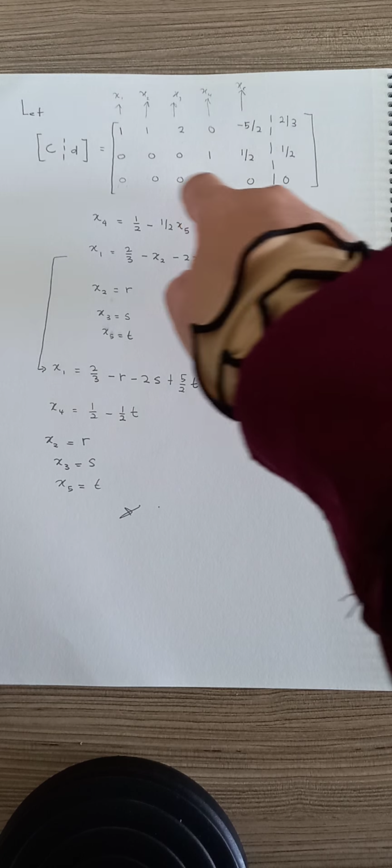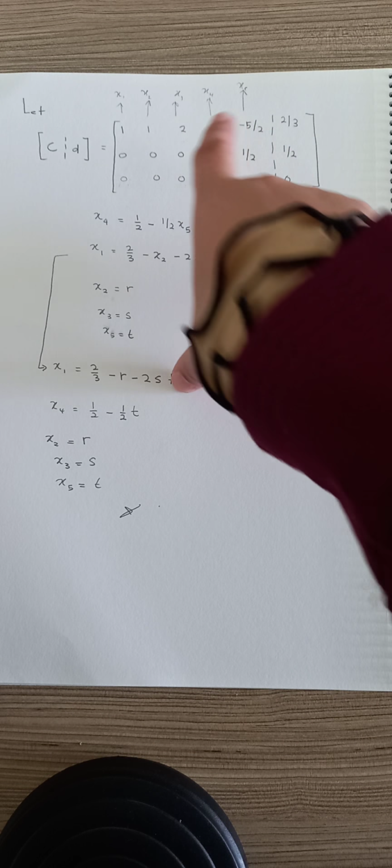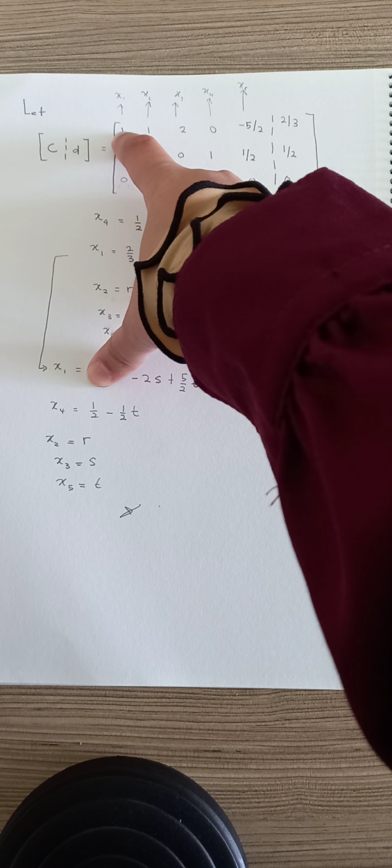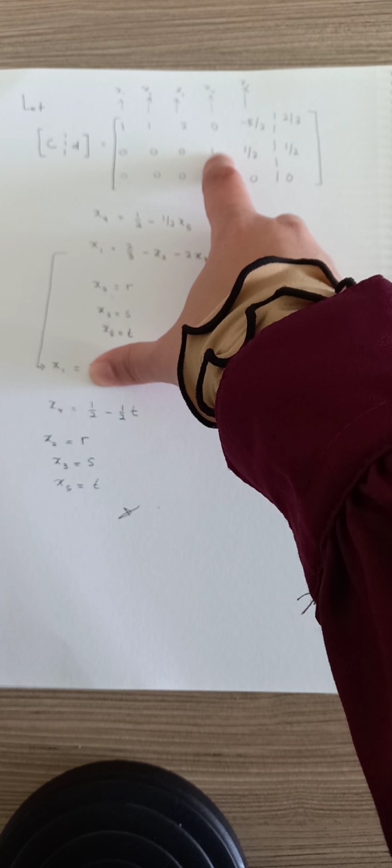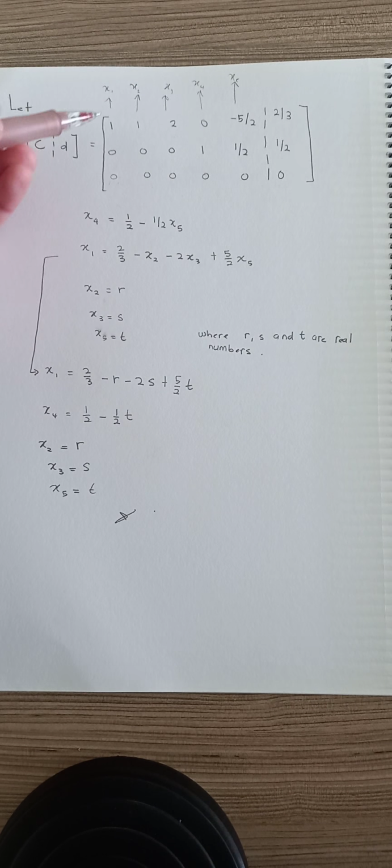So let's say this is the leading one, right? So this is also a leading one. So there are two leading ones in this matrix, this one and this one.